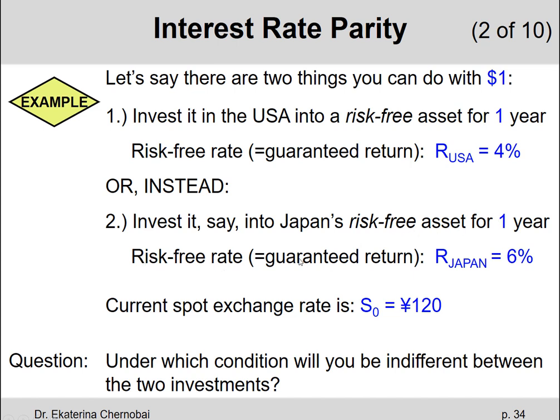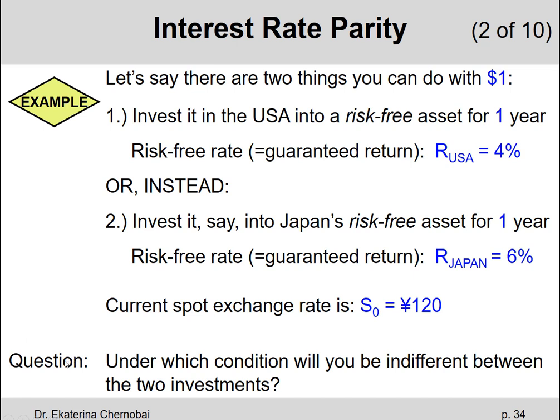And let's say the risk-free rate there is 6%. So capital R subscript Japan equals 6%. 4% here, 6% there. One more thing we know in this example is that the current spot exchange rate is S0 equals 120 yen per $1.